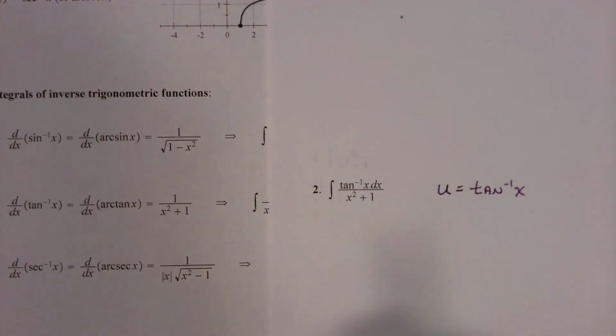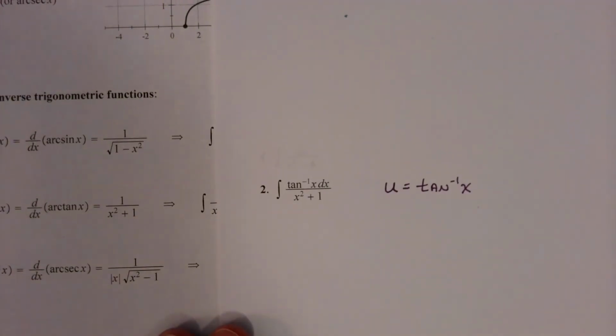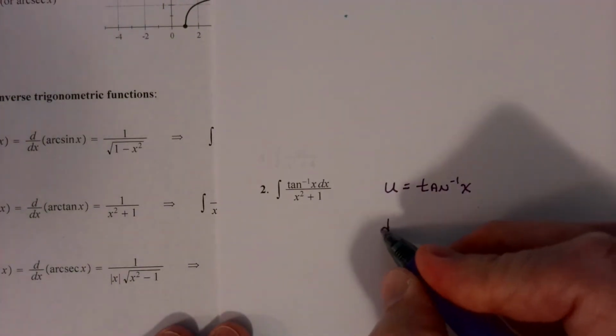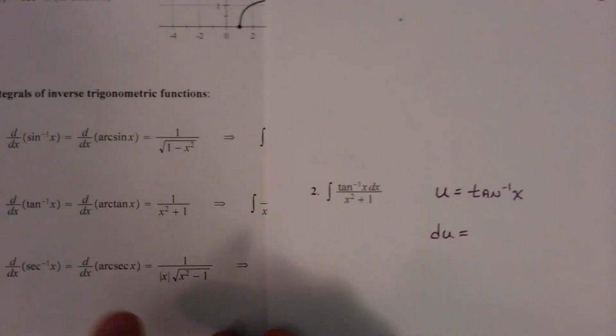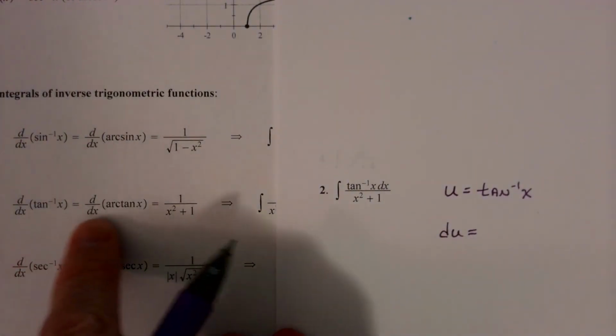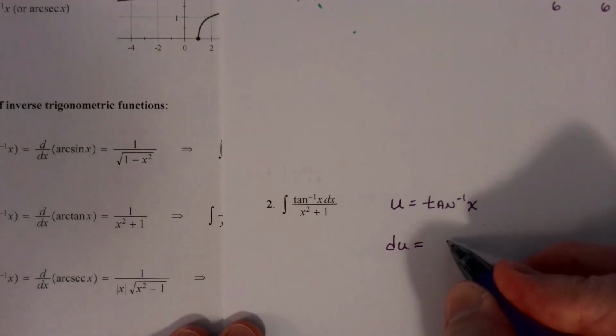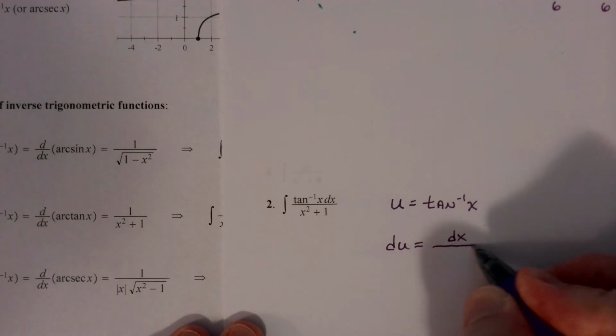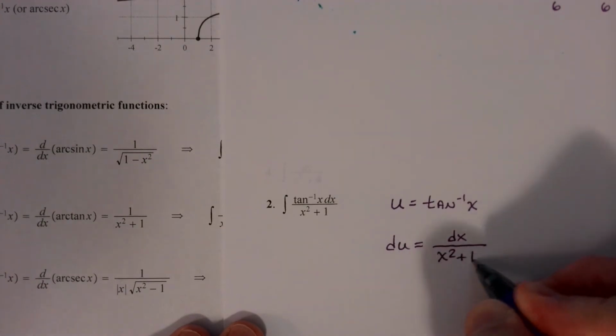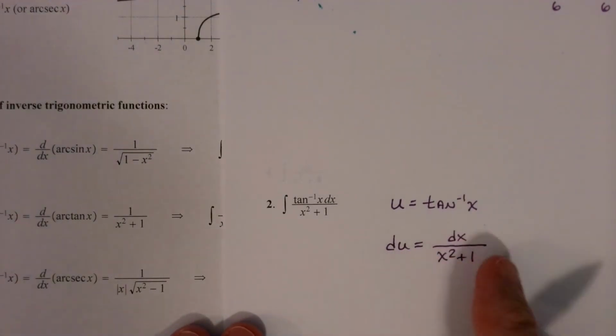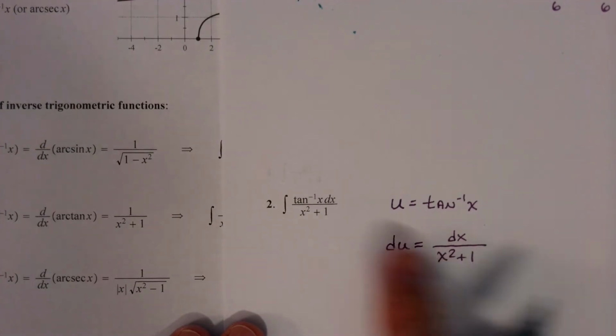But if I do choose u to be tangent inverse of x, what is my du? What's the derivative of the tangent inverse function? It is 1 over x squared plus 1. So du dx is 1 over x squared plus 1. Multiply both sides by dx, and there it is. Look at that.